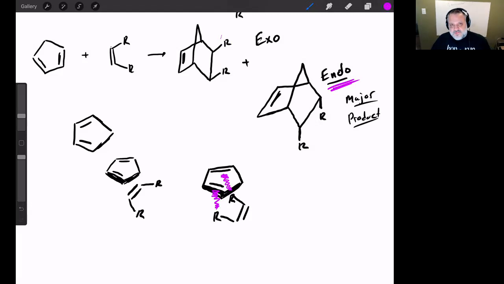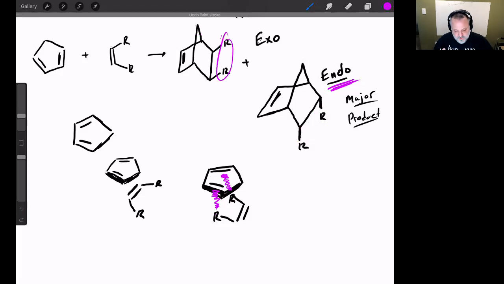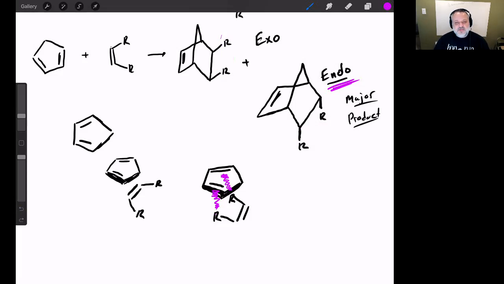That's really all that this particular textbook has to say about it. We know from experiment that the endo product is favored. We know based on the examination that you and I just did that there's some sterics going on that way, but also some sterics going on that way. So maybe it's something more than that.